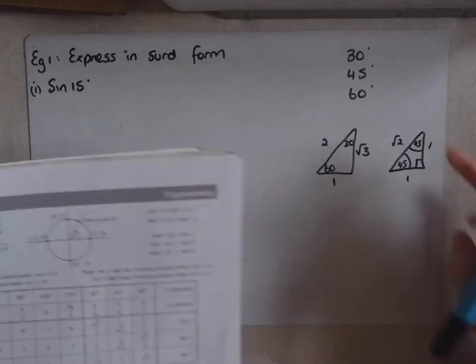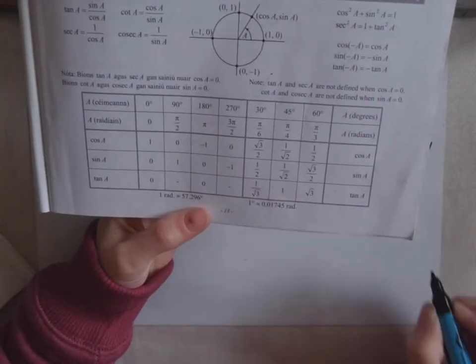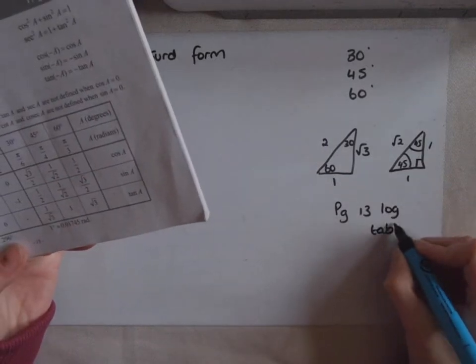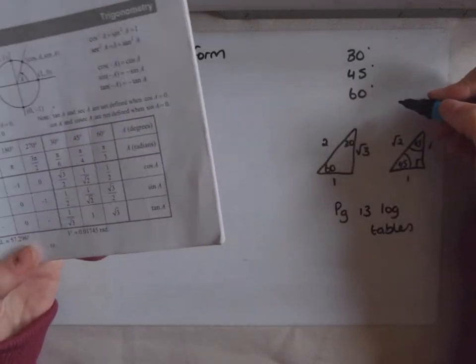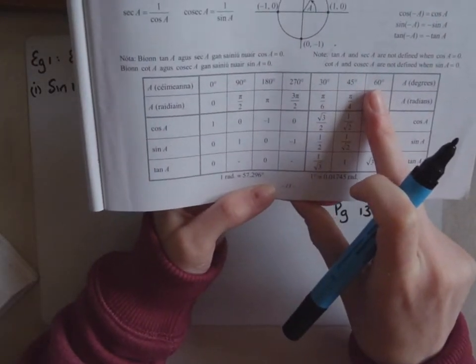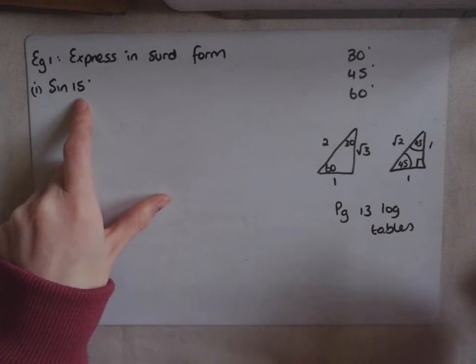Now all of those angles are actually given to you in your log tables as well, so page 13 of your log tables. So if you're interested in 30, 45 or 60 degrees, you just go here. So basically you're going to get 15 using a combination of these three.